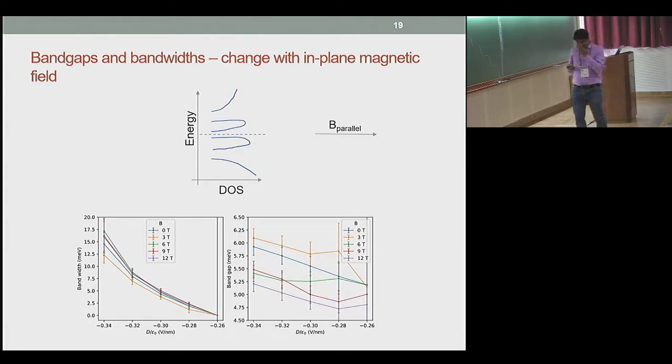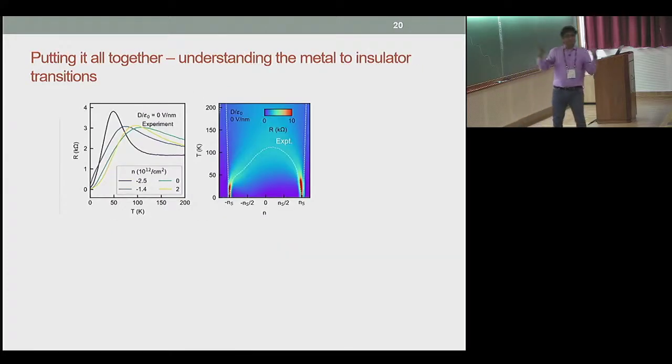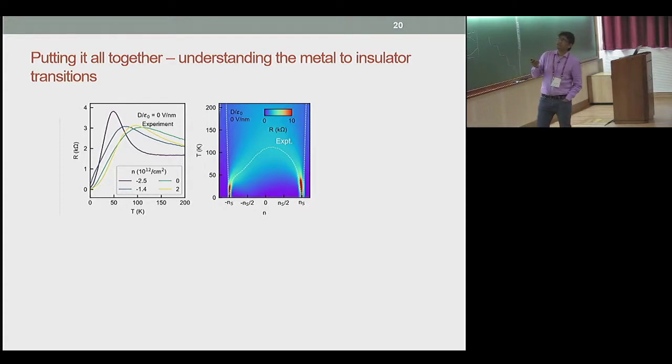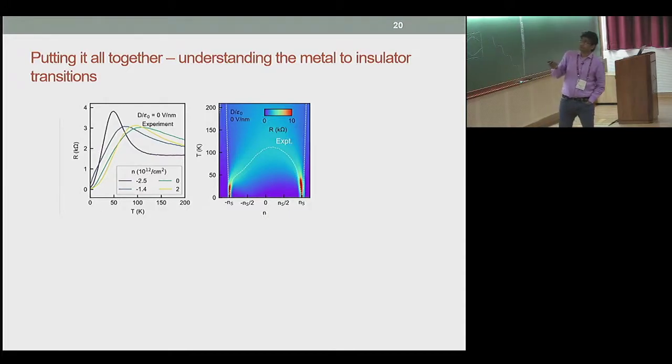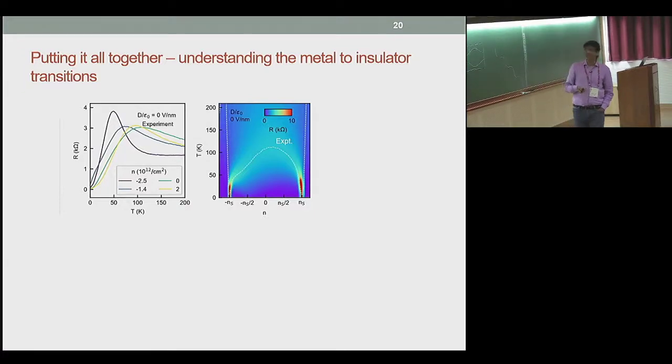So this gives us greater confidence, and the amount of splitting is consistent with what theorists have predicted. So using all this information that we have experimentally extracted from our analysis, this is the measurement at the charge neutrality point, at zero electric field, at varying values of density. We see a whole different set of transitions from a metallic-like response to a more insulating-like response.